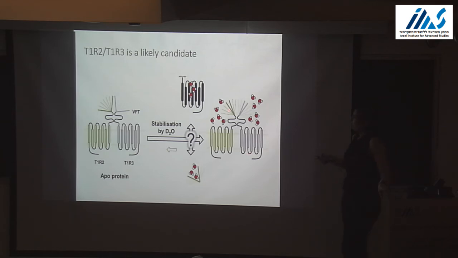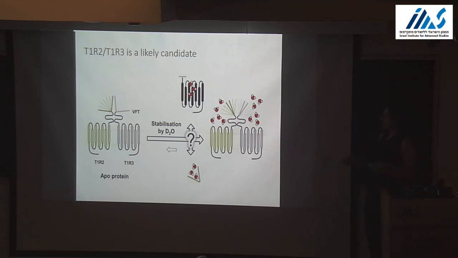The other one could maybe do something with the orientation of the different monomeric domains with respect to each other, and maybe in the presence of D2O, this is stabilized. And it has been shown before that D2O induces folding and compactness.